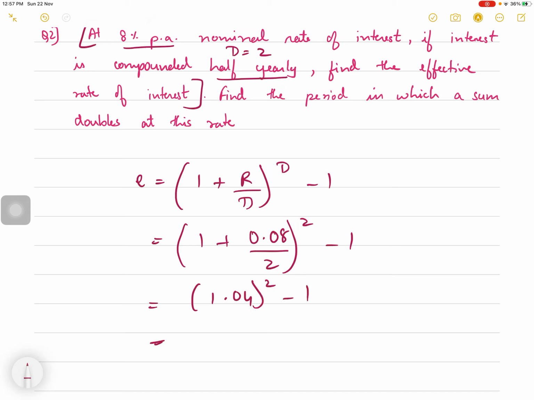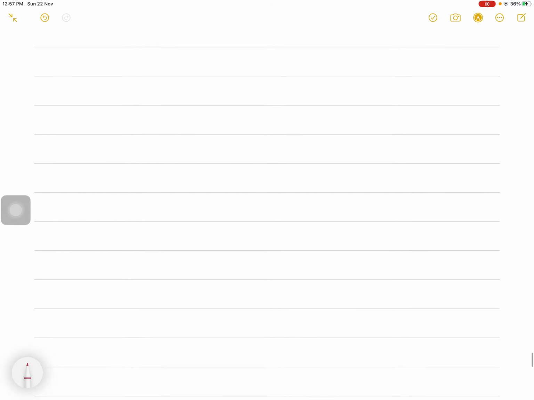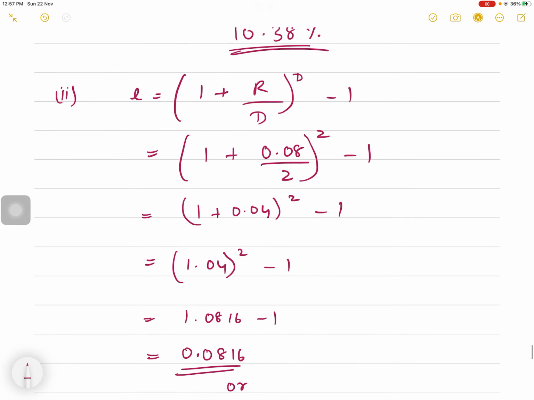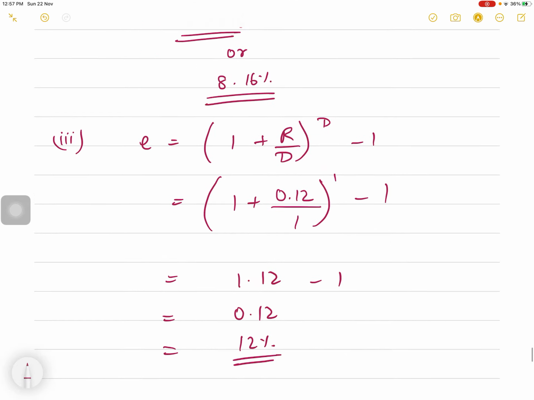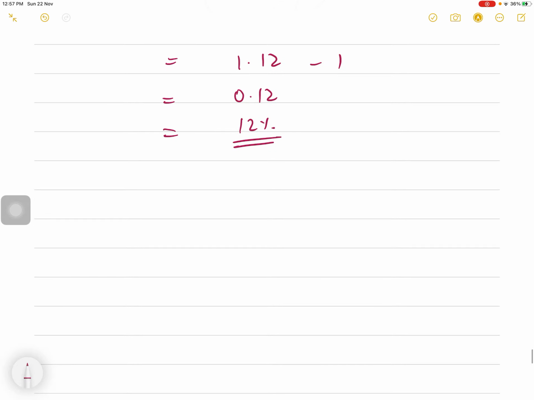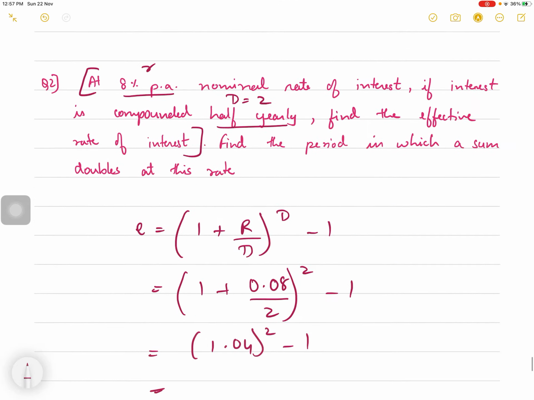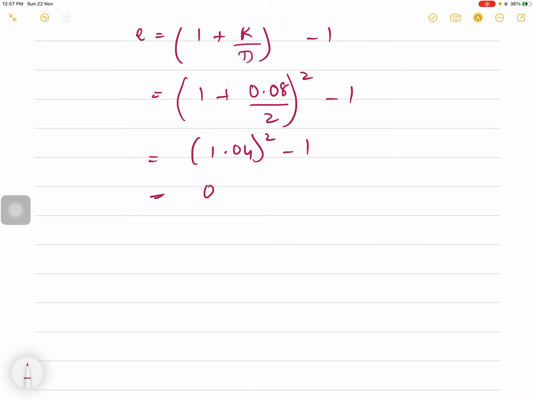I think we have already calculated this. 1.04 raised to 2. Yes. It comes to 8.16%. So 0.0816, it comes to like this. So 8.16%. Okay.